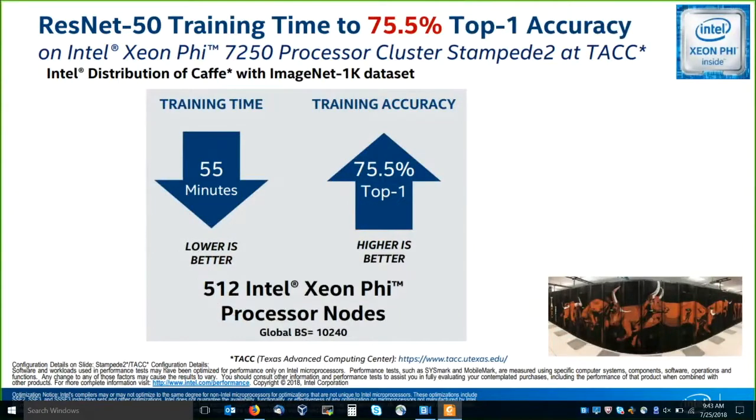We also saw that if you want to go beyond 74% top-one accuracy on the ImageNet dataset on ResNet-50, we were able to achieve that on 512 Xeon Phi nodes in 55 minutes. So we are able to scale very performantly, and as you can see some of the performance data here.